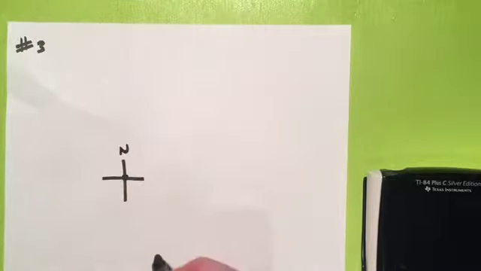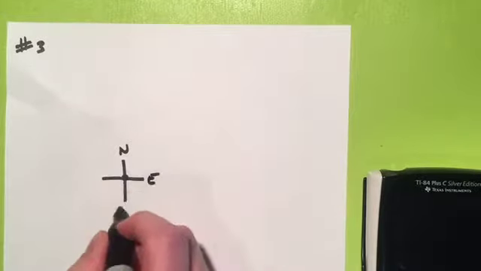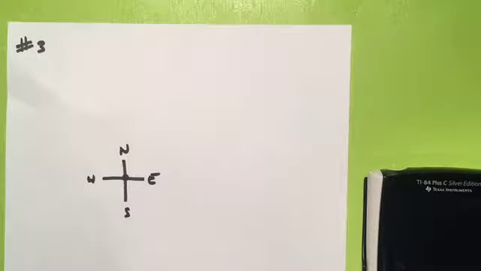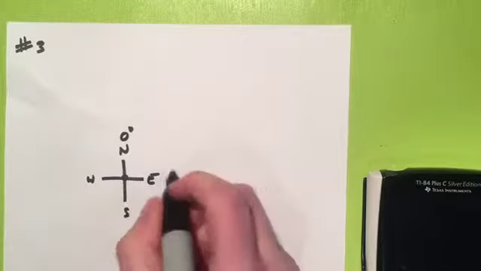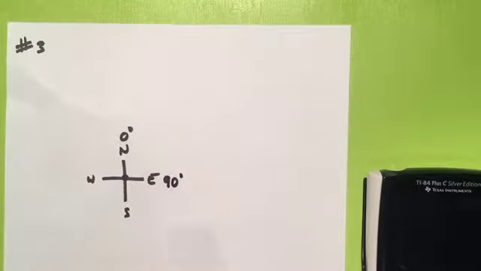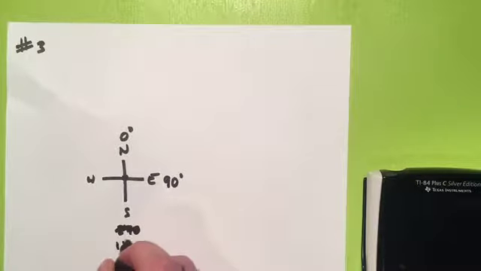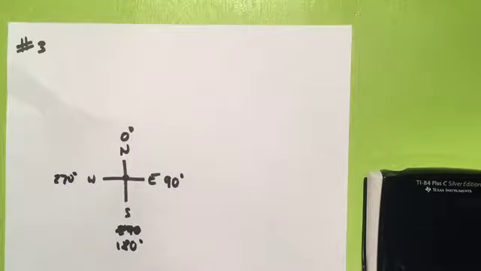Now, on our compass, we've got north, east, south, and west. If you've ever taken a look at a compass, you'll see heading indications, directions, degree measures. The way it works out is that 0 degrees is due north, 90 degrees is due east, 180 degrees is due south, 270 degrees is due west.